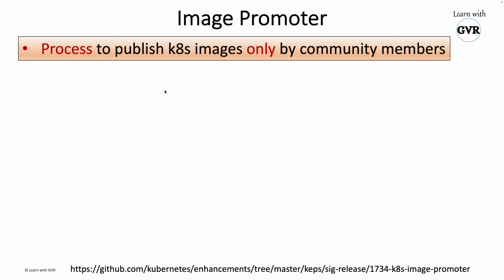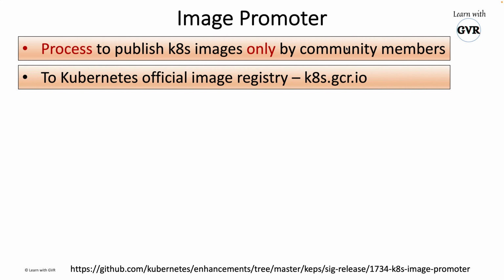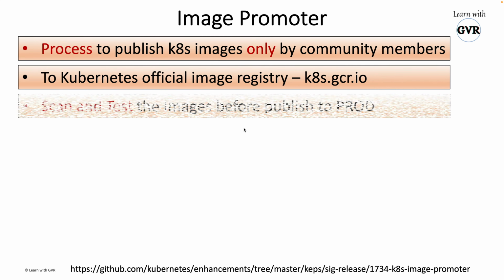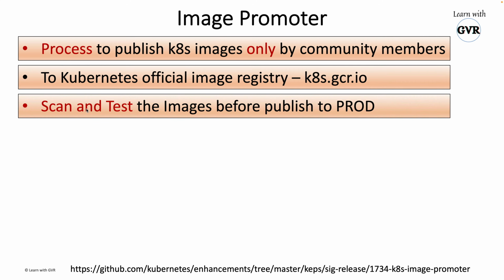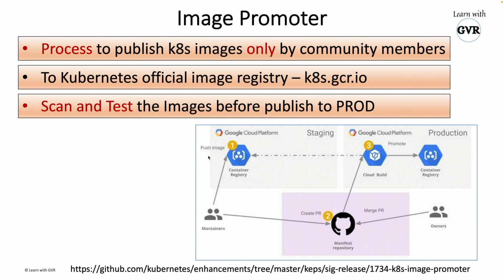If you are a community member, you need to follow the image promoter process, and only then will you be able to push to that registry. What community members do is scan and test the images before pushing. It's a process they have introduced.